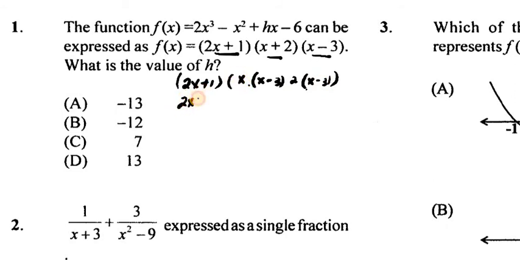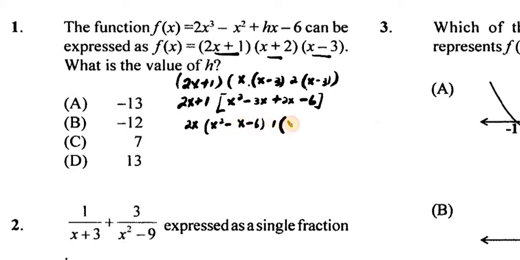So we end up with 2x plus 1 multiplied by x squared minus 3x plus 2x subtract 6. So this is 2x into x squared subtract x subtract 6 plus 1 into x squared subtract x subtract 6.